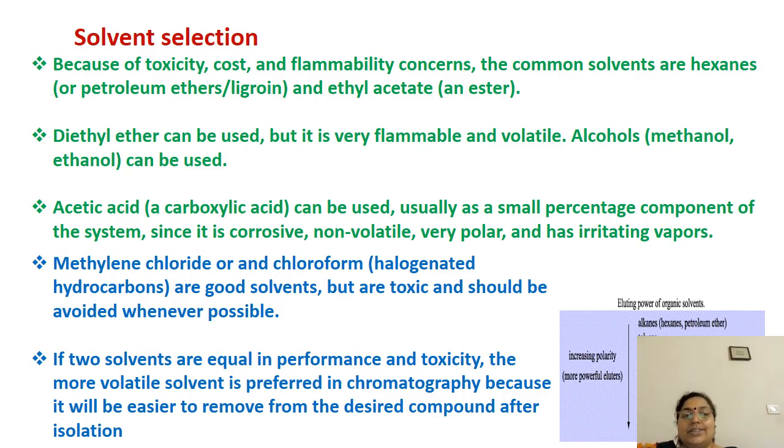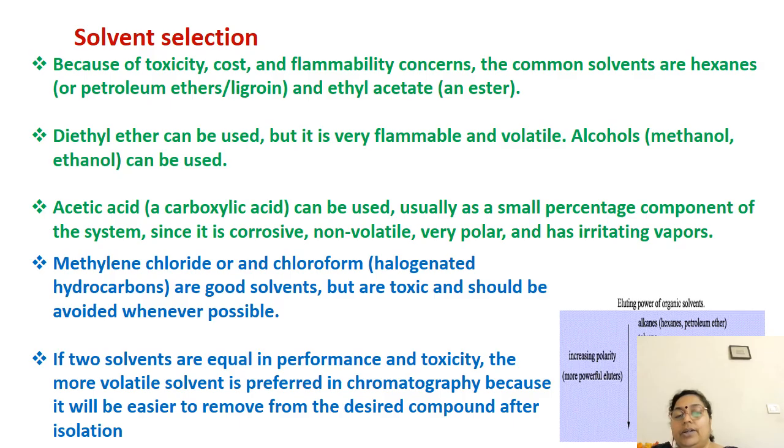Next is solvent selection. Because of toxicity, cost and flammability concerns, the common solvents used are hexane and ethyl acetate. Diethyl ether can also be used, but it is very flammable and volatile. Alcohols such as methanol and ethanol are also preferred. Acetic acid can also be used, but usually in small percentage since it is corrosive, non-volatile, very polar, and sometimes it can cause irritation.